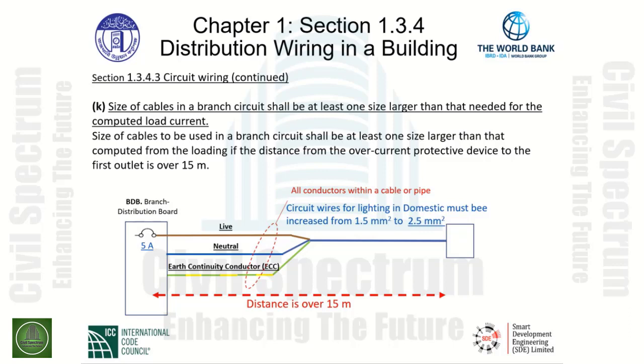This, ladies and gentlemen, compensates for voltage drop. We need more conductor area due to the resistance that is being afforded to this long distance. For a lower voltage drop, we use a larger wire.